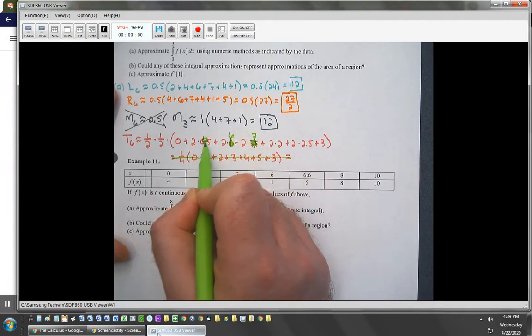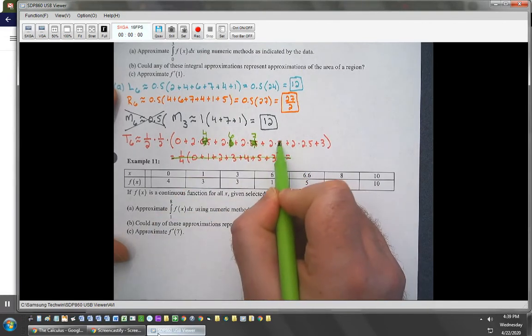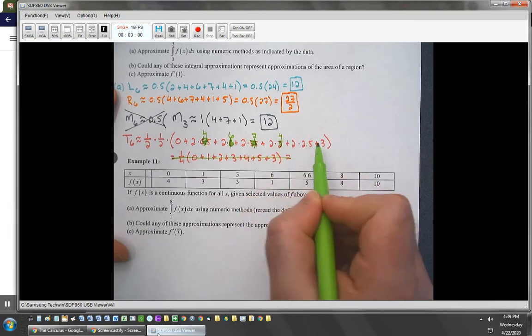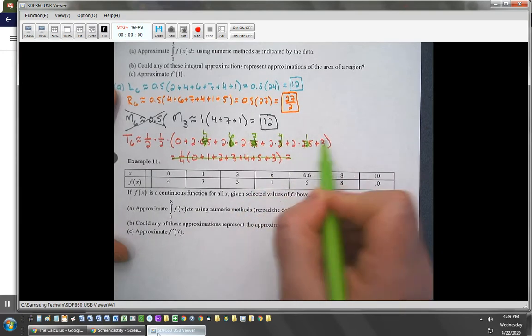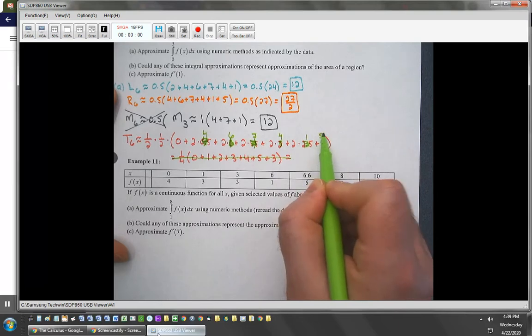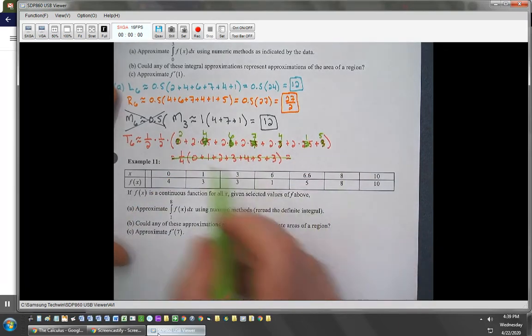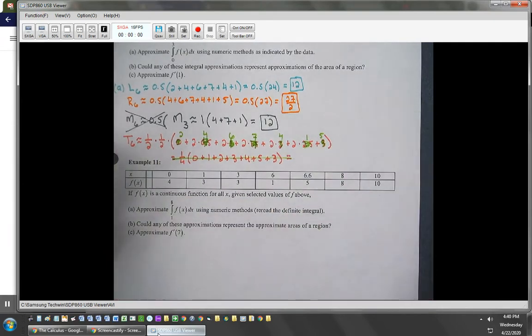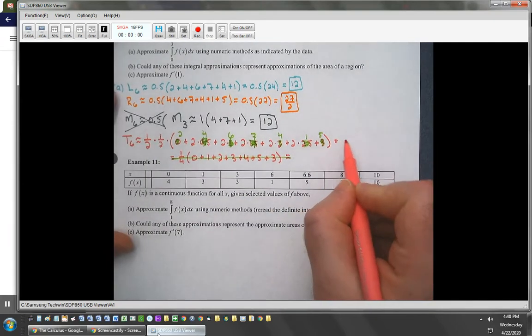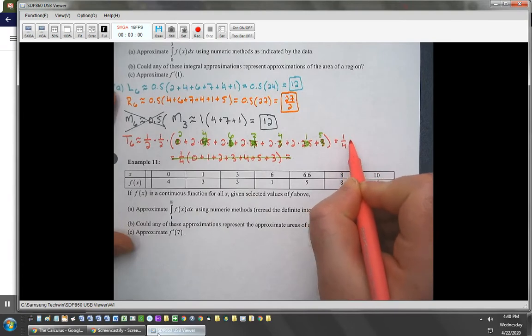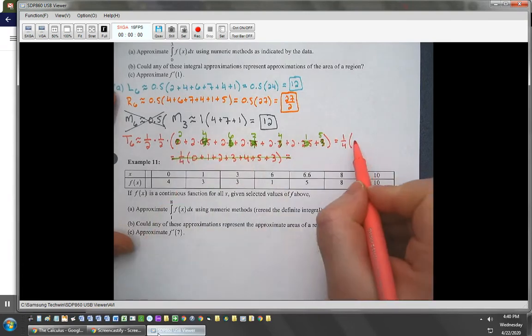6, 4, 4, 1, 5. Oops, I forgot to do this one. That's a 2. So let's see if this is a little bit nicer. So I still got my 1/4 out front. This is going to be 2. I'm going to run out of room for sure.